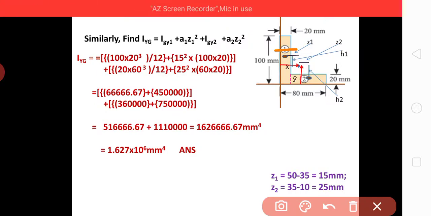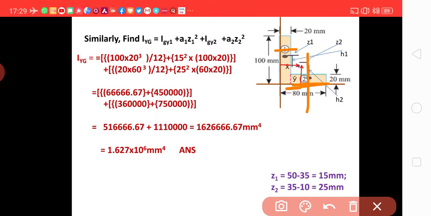Similarly for section 2, the cube will be done of this dimension, that is 60. So 20 into 60 cube by 12 plus 25 square into area, 60 into 20. On calculation, you can take a calculator, it comes out to be 1.627 into 10 to the power 6 millimeter to the power 4.